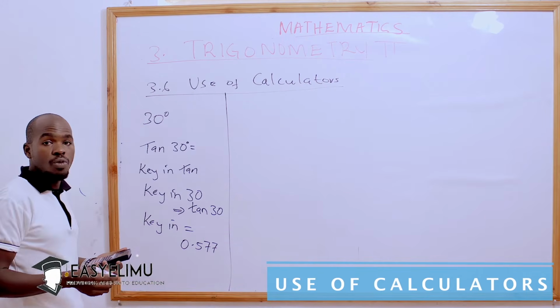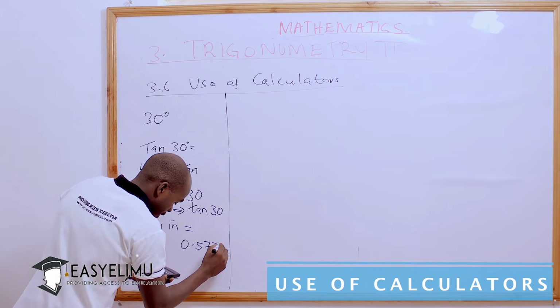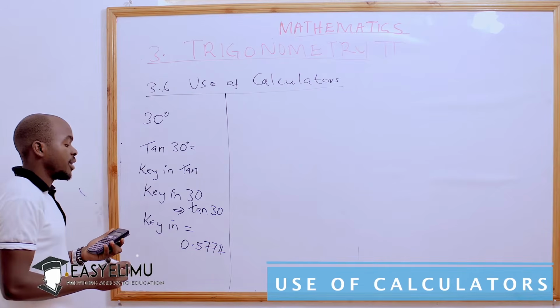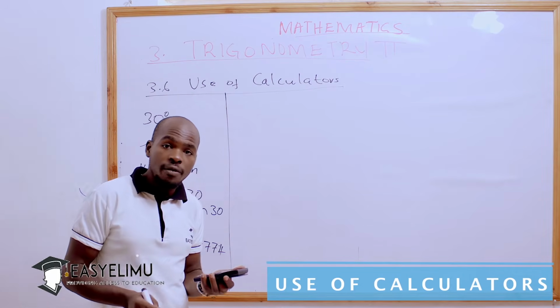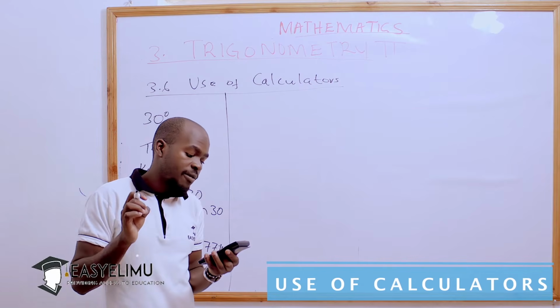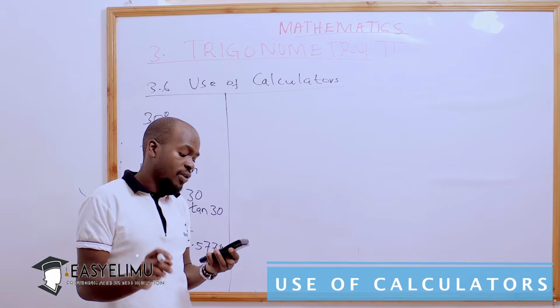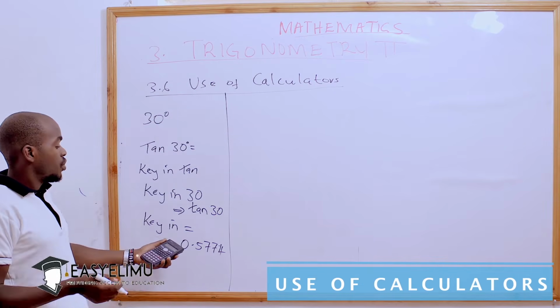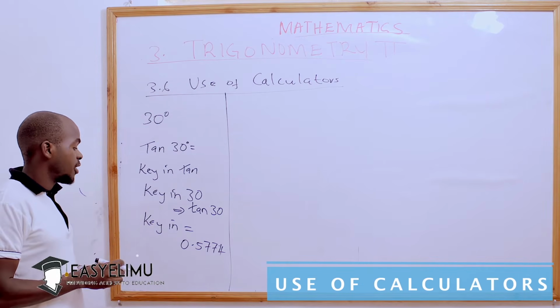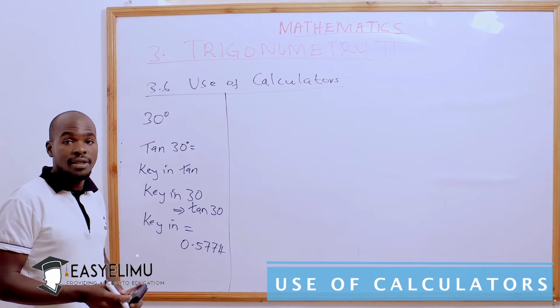Because it displays numerous digits, you round off to 4 decimal places and you will find that the tangent of 30 is 0.5774.